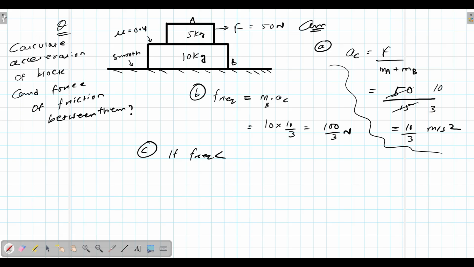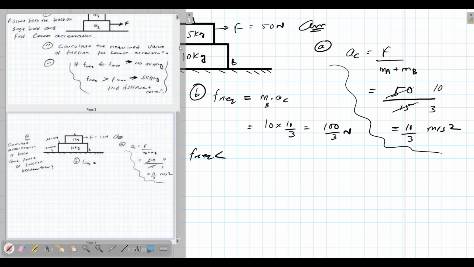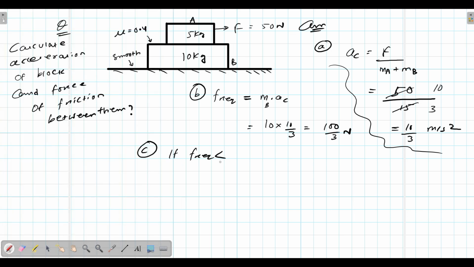F max equals mu into N. Mu is 0.4, N is m into g, 5 into 10. So 4 into 5, that is 20 Newton. That is the maximum friction.